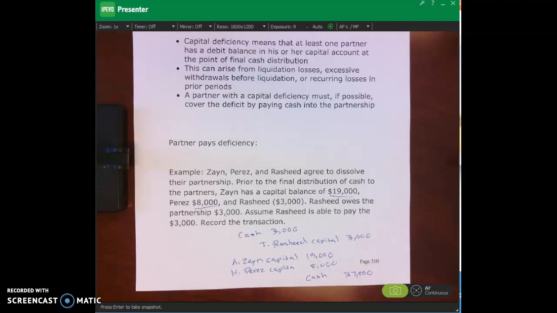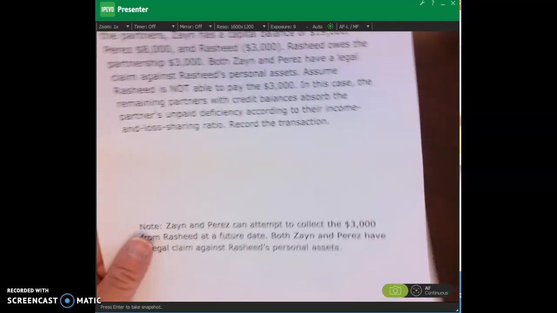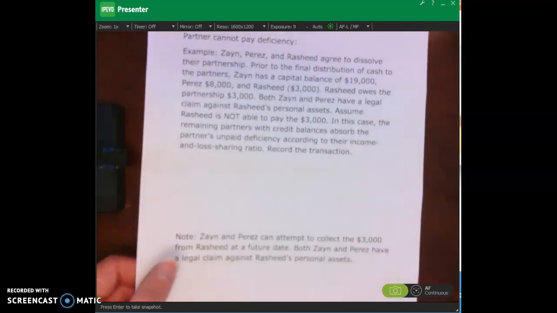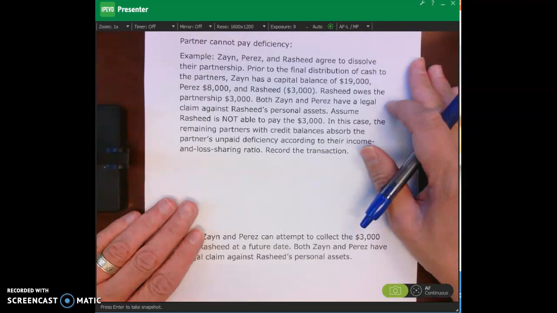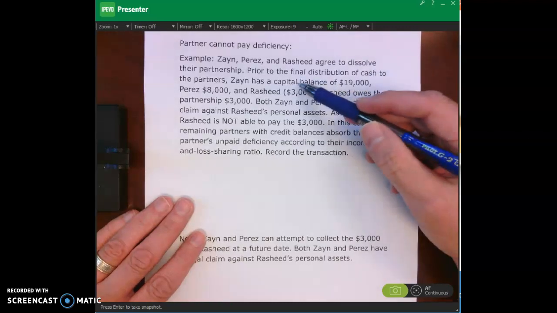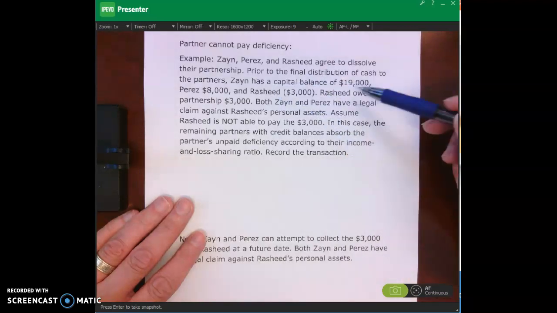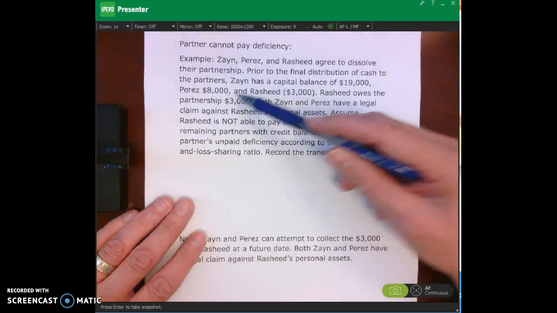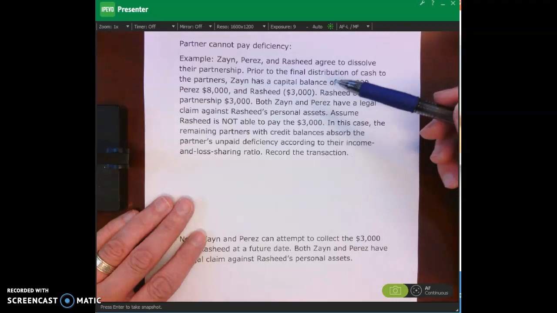Okay, so let's look at the situation now where the partner cannot pay the deficiency. All right, so look at that example. Zon, Perez, and Rashid agree to dissolve their partnership prior to the final distribution of cash to the partners, which is step 3, remember, of dissolving the partnership. Zon has capital balance of 19, Perez 8, Rashid the debit balance of 3,000.